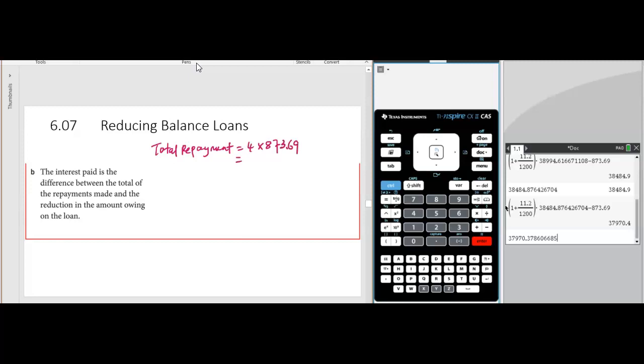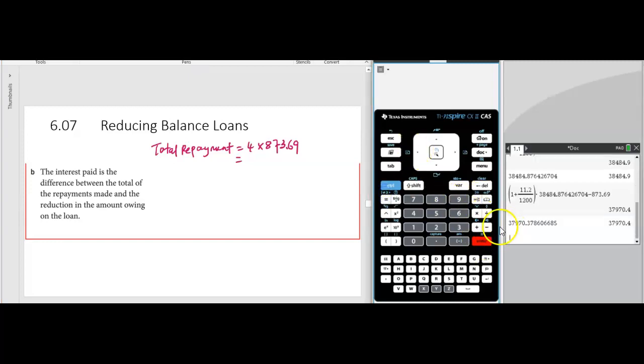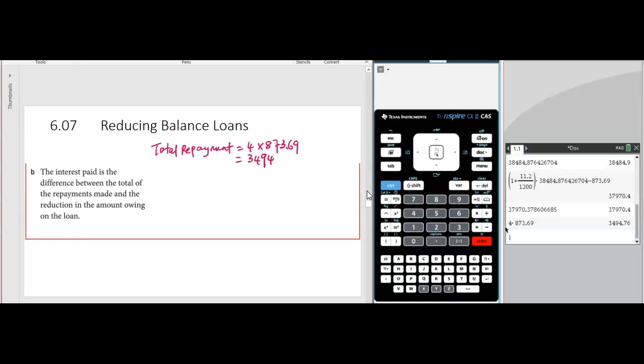Let's check with your calculator what will be the value there. Enter. So it's 4 times 873.69. Okay, so I end up with 3494.76.